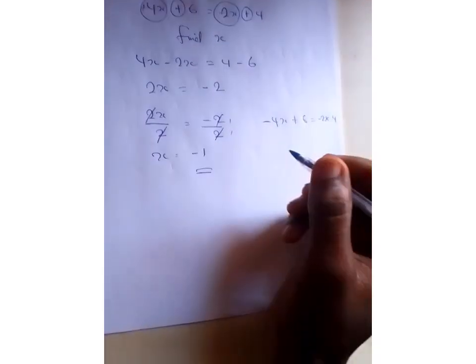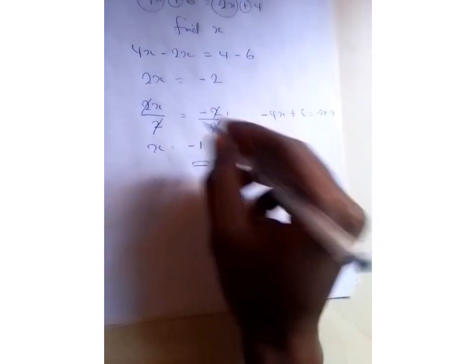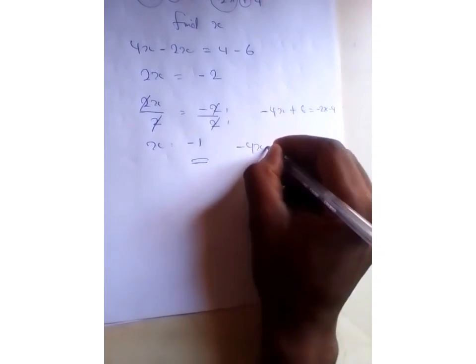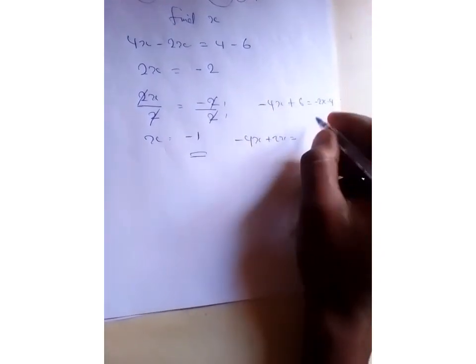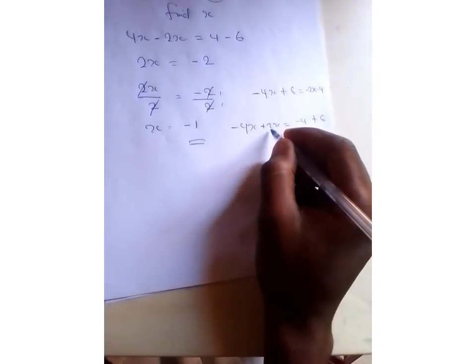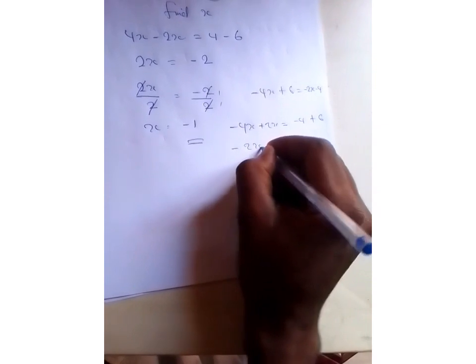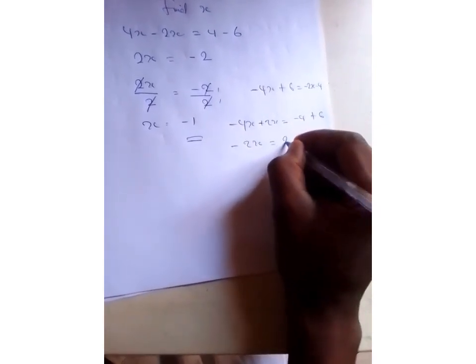To approach this also, you just have to consider the sign. Applying the same principle, we have minus 4x plus 2x, which gives minus 2x, and minus 4 plus 6, which gives us 2.